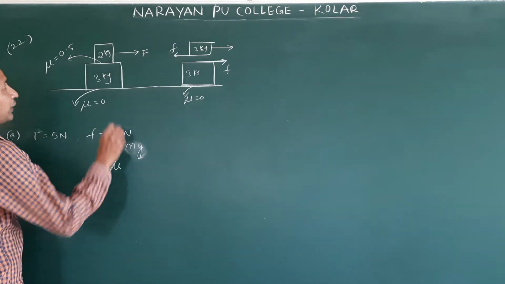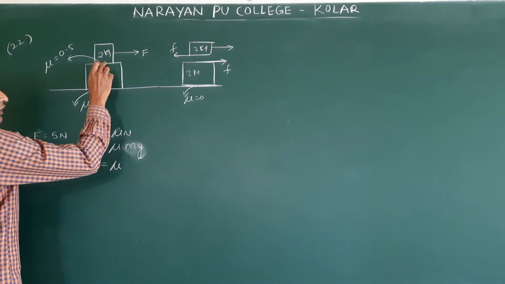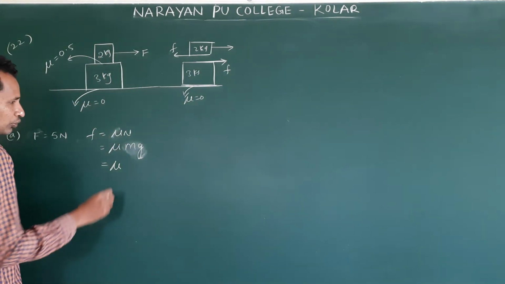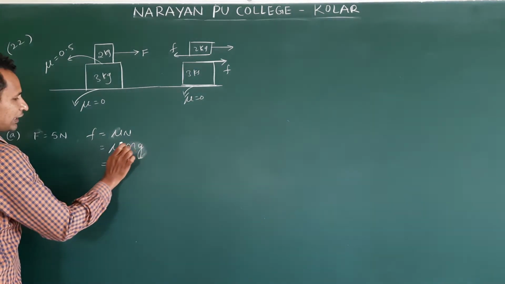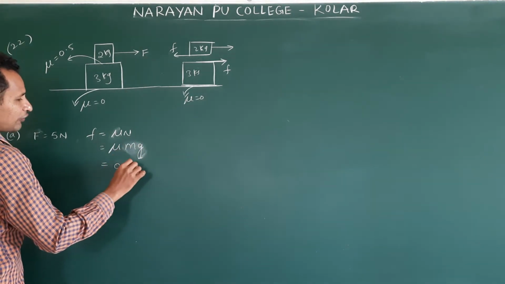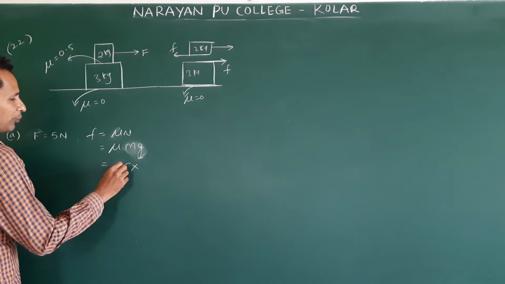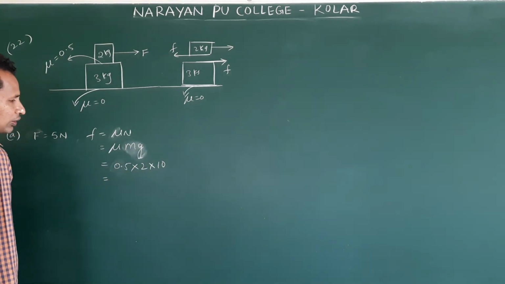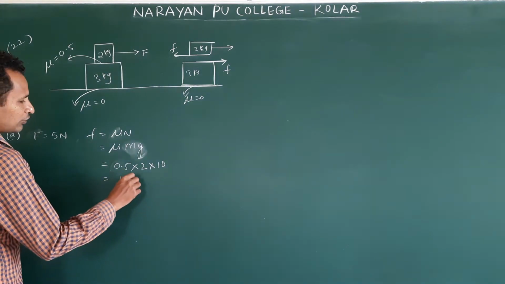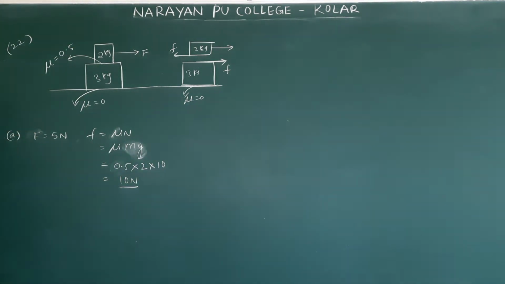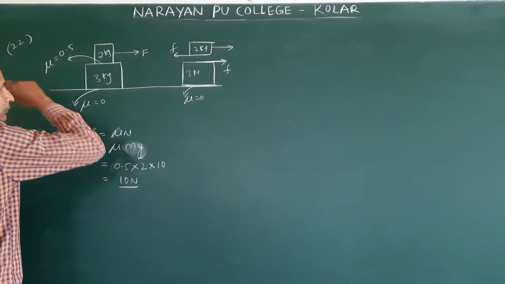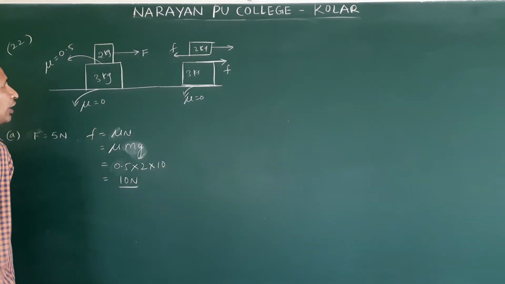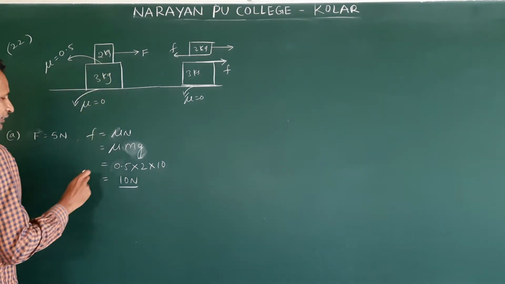So mu, we are talking here about this contact, so the 2 kg is acting downwards. The friction coefficient is given as 0.5, and m is 2, g is 10. Clear? So 10 newtons. So what is the maximum friction of this body?